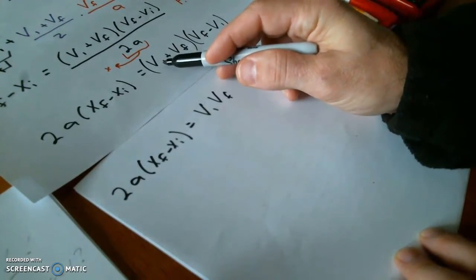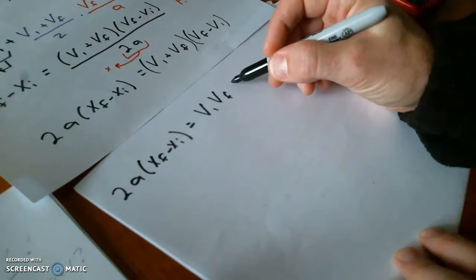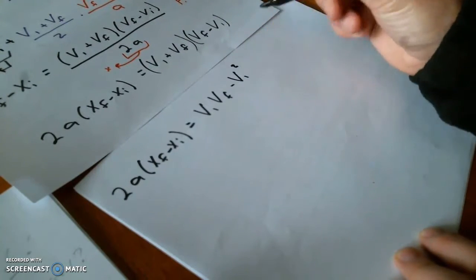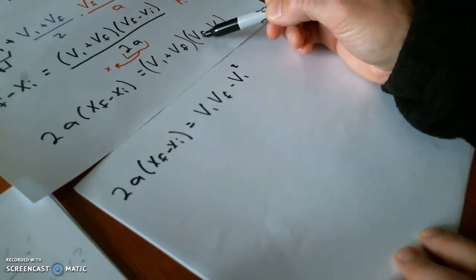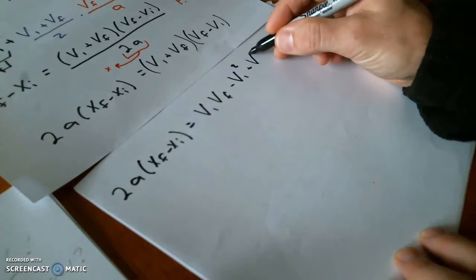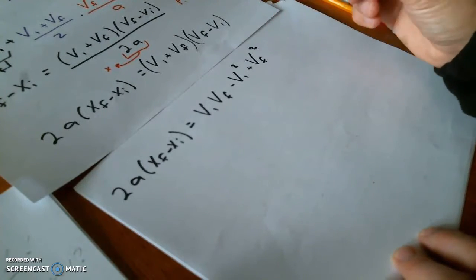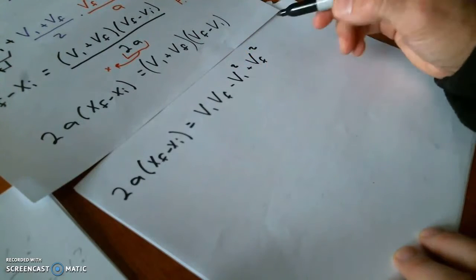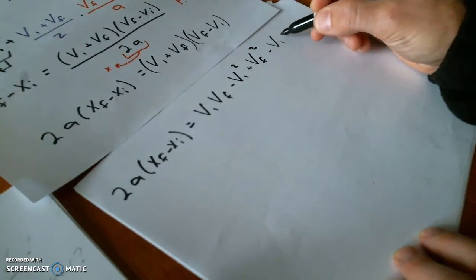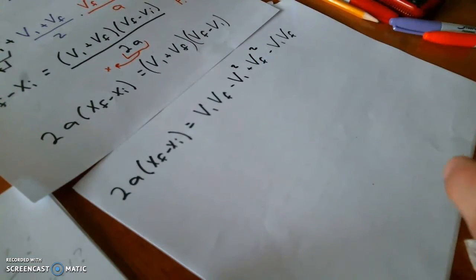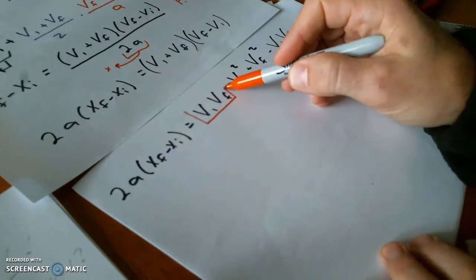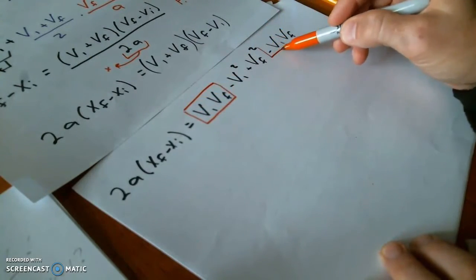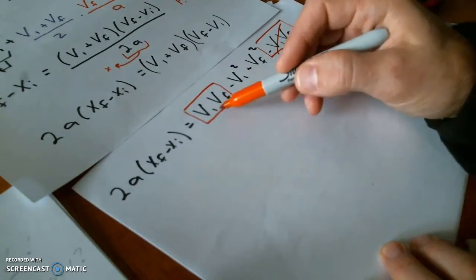Then I have a VI times a negative VI. That's negative VI squared. Then I have a VF times a VF. That's plus VF squared. And then I have a VF times a negative VI. That's negative VI VF. And you see how this VI VF and that negative VI VF cancel.